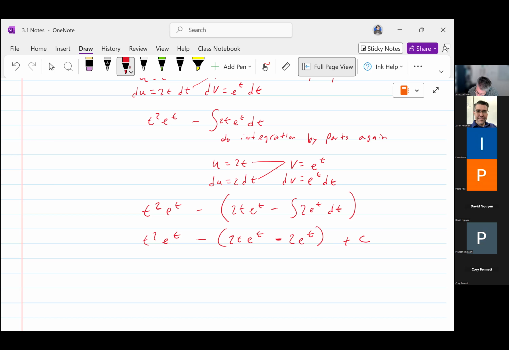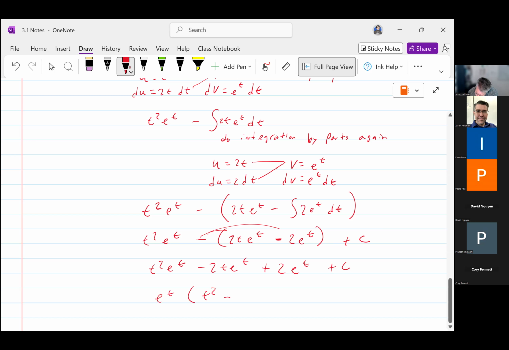Now I'm just going to distribute and factor. So I get t squared e to the t minus 2t e to the t plus 2 e to the t plus c. I'm going to factor out an e to the t.